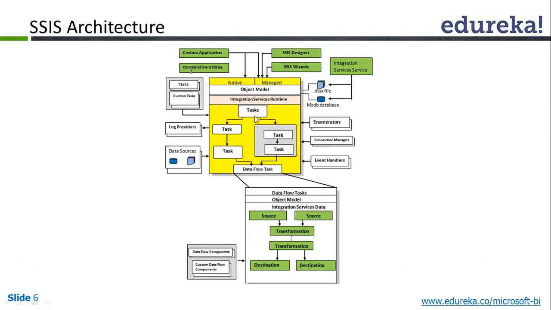There we took one package and one data flow task, and we were creating the workflow in the control flow. This is the workflow we create in SSIS, and the data flow task is part of the SSIS control flow. Again I repeat, control flow is used to generate the workflow, and data flow is used to migrate the data from one place to another.